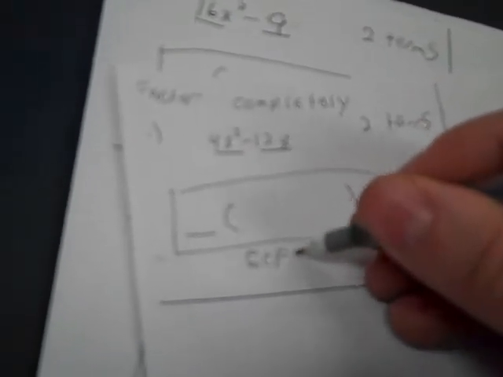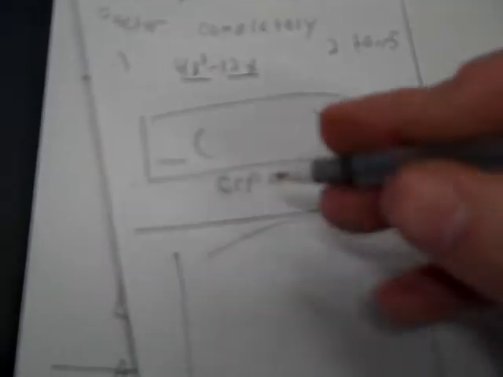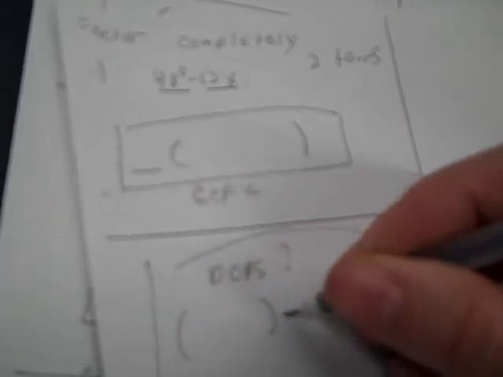Okay, next problem. 4x to the second power minus 12x. So again, 2 terms. Okay, so GCF, and then I see if I have a difference of perfect squares. Plus, minus.